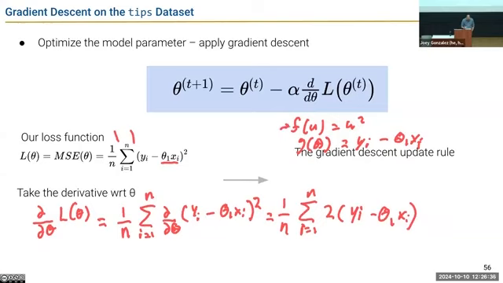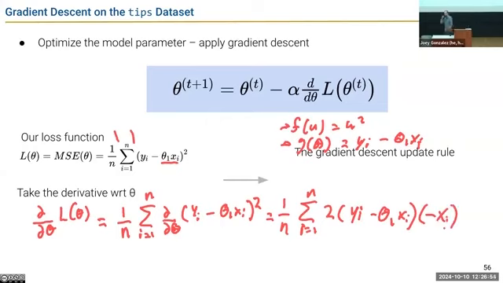Just did this part of my chain rule. Now I got to do this part times the derivative of this whole thing. What's the derivative of this thing with respect to theta 1? It's times a minus xi.